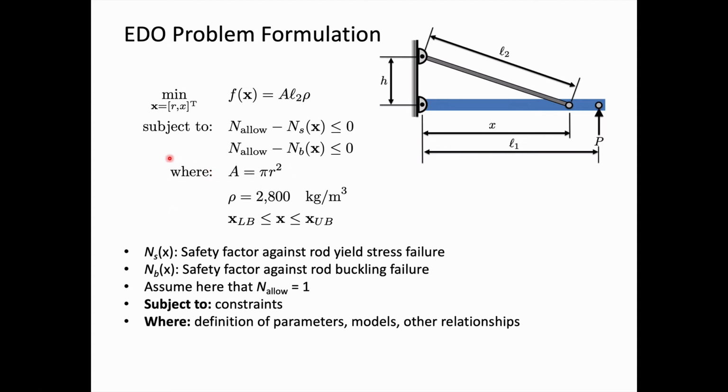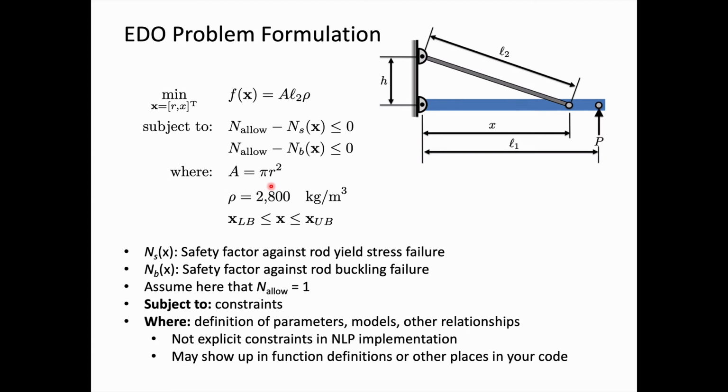The where statement is different, though. Here we will often find the definition of parameters, models, or other relationships, but these are not usually things that are explicit constraints in the nonlinear programming implementation. So fmin_con is not going to see these where statements directly.